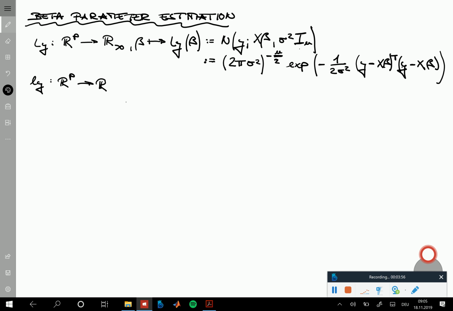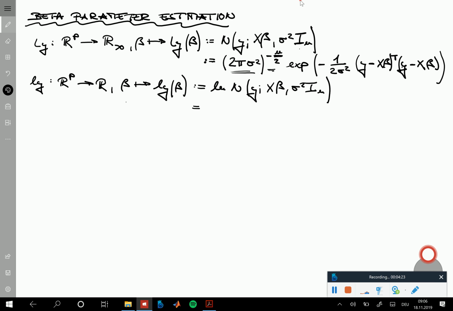So to get the log likelihood function for the beta parameter now only, so that's our L(y, beta). I can write it out, the log of this we just wrote down. So any suggestions for the log of this first factor here? So if we take log of 2 pi sigma square to the power of minus n over 2, what do we get?